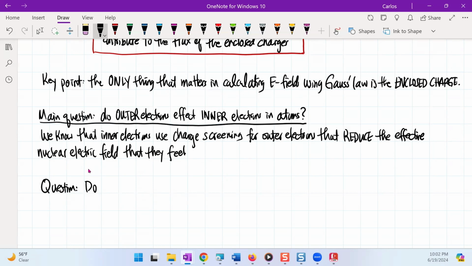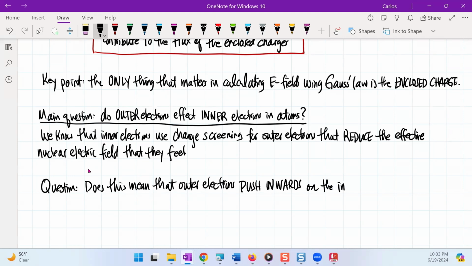So, the question that I'm asking is, does this mean that outer electrons push inwards on the inner electrons, forcing them closer towards the positive nucleus?